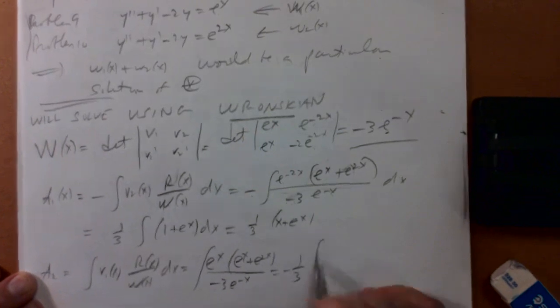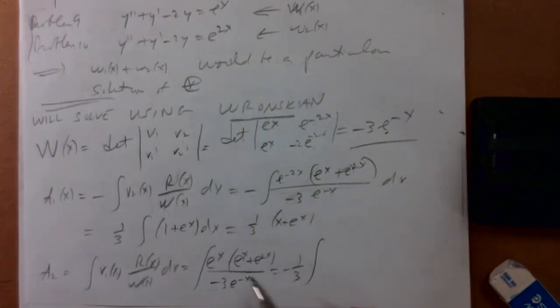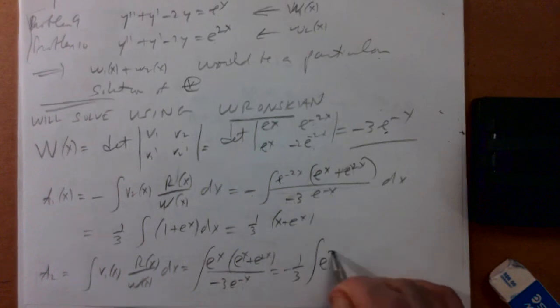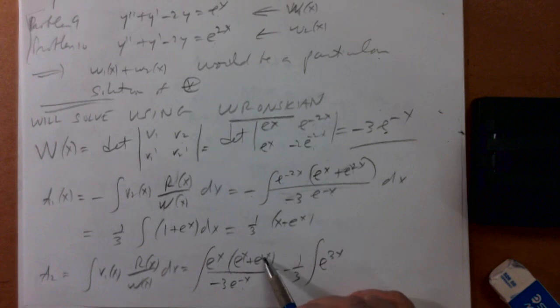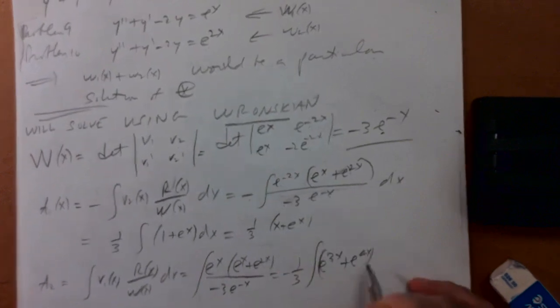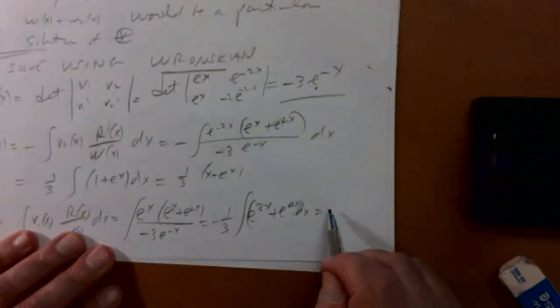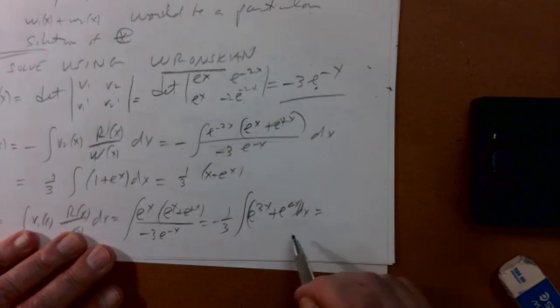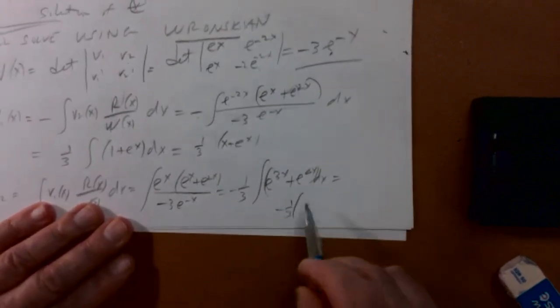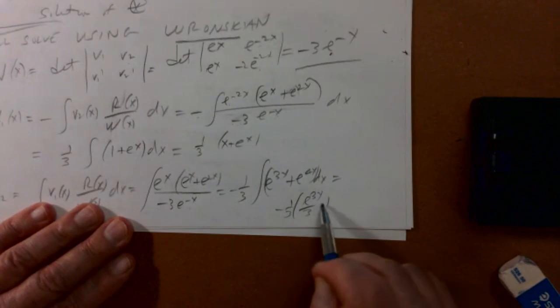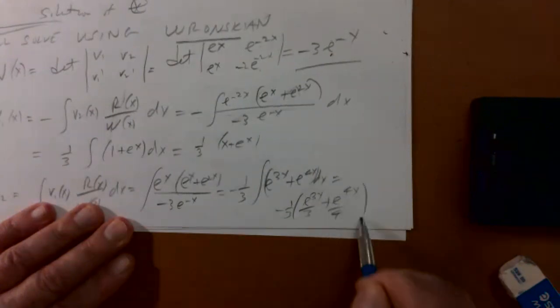So this is minus a third the integral of e to the 2x, times e to the x is e to the 3x, plus e to the 4x. So this is equal to minus a third of e to the 3x over 3 plus e to the 4x over 4.